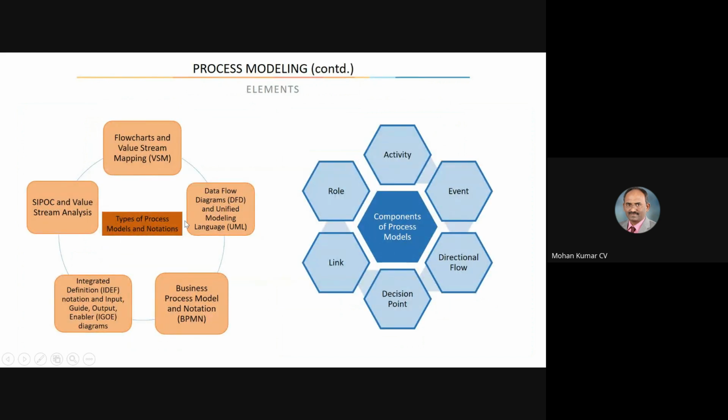Types of process modeling models and notations include data flow diagrams, unified modeling language, business process model notation, and integrated definitions. And the CPOC model, which I have shown earlier also, and value stream analysis.